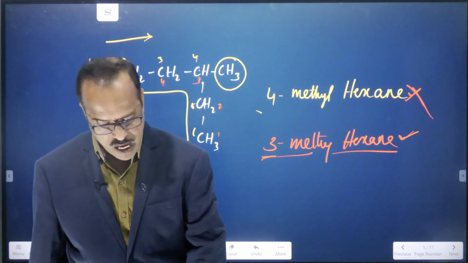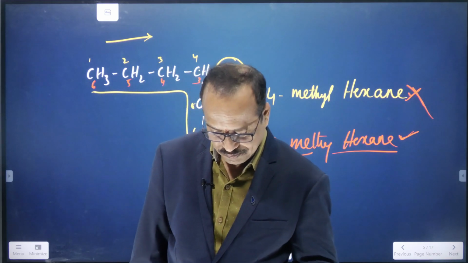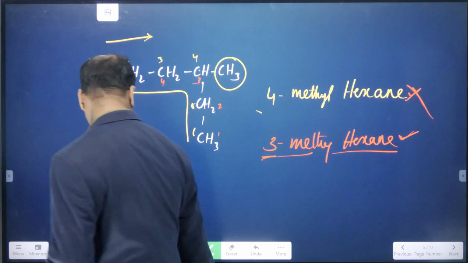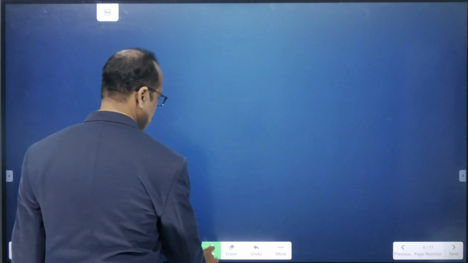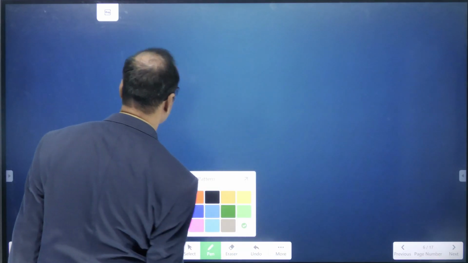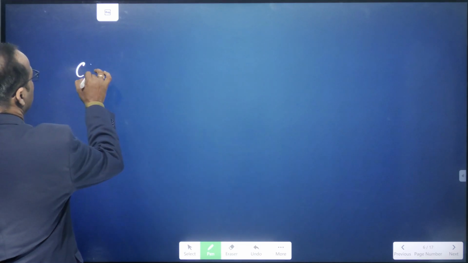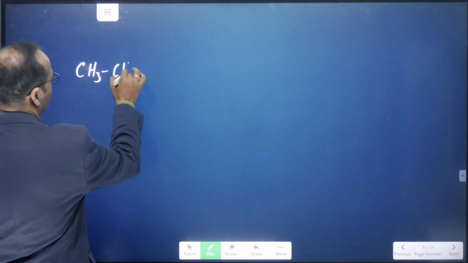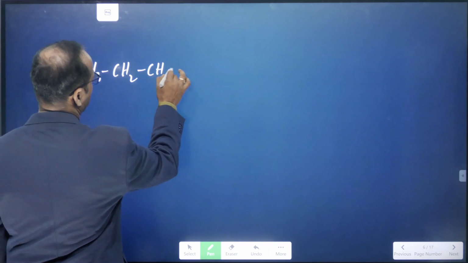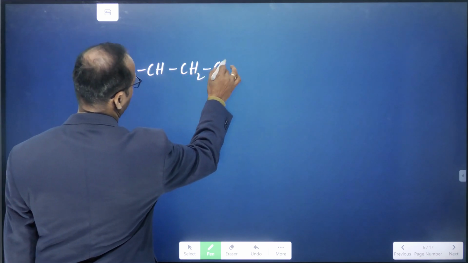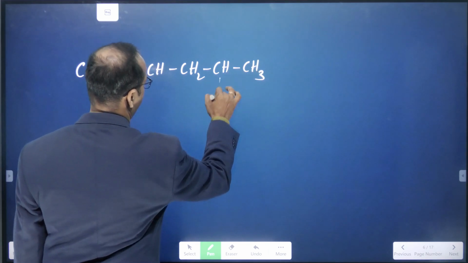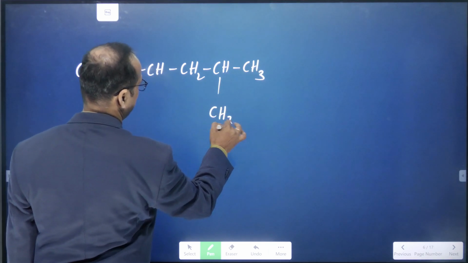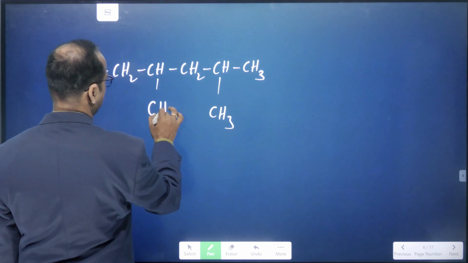Now for example, you see here: CH3, CH2, CH, CH2, CH, CH3, and here one CH3, here one CH3.